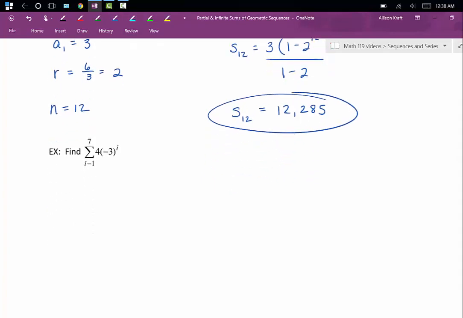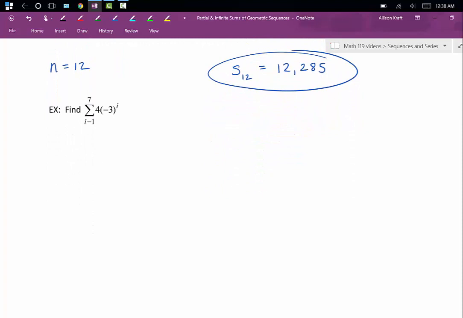In our next example, they've given our sum in summation notation. We need to find our first term. We'll plug i equals 1 into the rule of our summation. a sub 1 is going to be equal to 4 times negative 3 to the first.